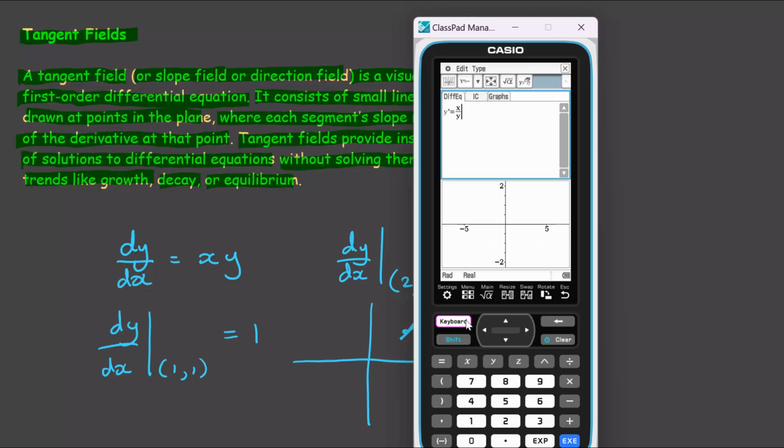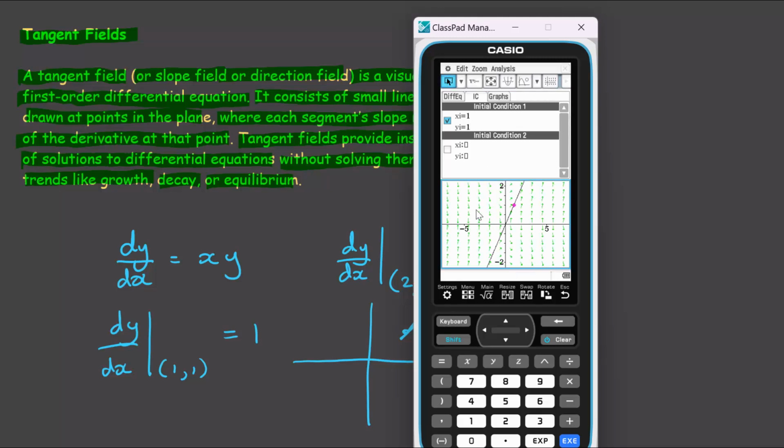And if I get rid of the keyboard, it should draw me a tangent field. I think we might need to put initial conditions in. Let's put in 1, 1. And I don't think we actually have to do that. Let's just click on that. And it produces a tangent field.